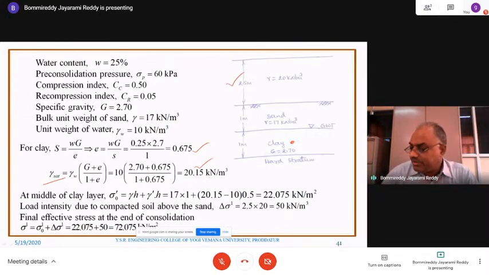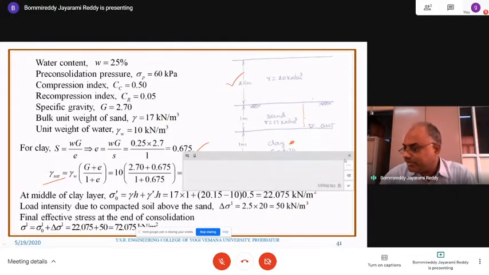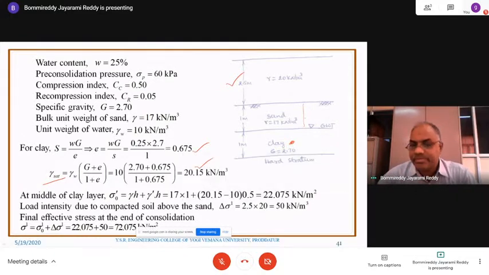And at the middle of the clay layer, what is the initial stress? Initial stress is because of the sand. Initial stress because of the sand is, for 1 meter, 17 into 1, gamma into H. And in the clay layer, because it is up to the middle of the clay layer, it is 0.5 meters.